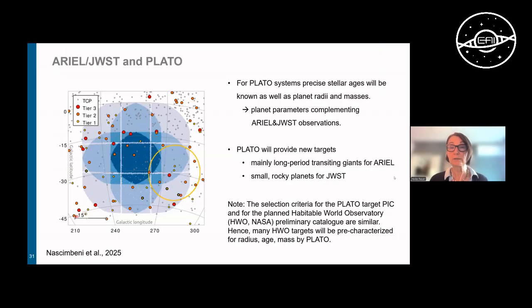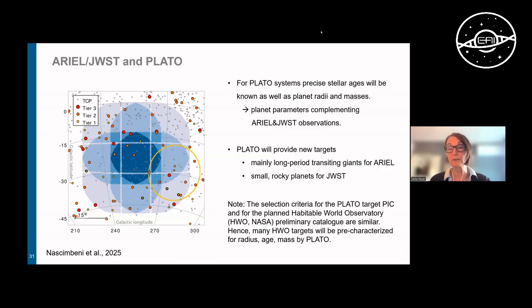And what can PLATO provide for these atmospheric missions? Well, this plot shows the PLATO field, including targets of the Ariel mission. These are targets that Ariel and James Webb can follow up, and they will have these targets already characterized with precise parameters from PLATO, and then perform the atmospheric study.